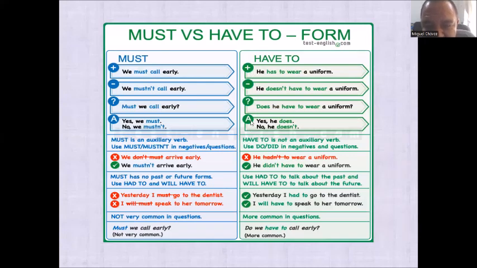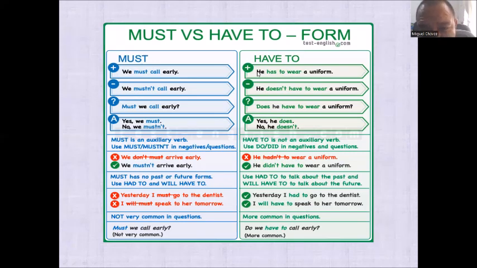Let's see the structures. He has to wear a uniform. Remember that the form has is used with the third person singular. He has, she has, it has. And after has, we have to use the infinitive form of the verb. He has to wear, okay.